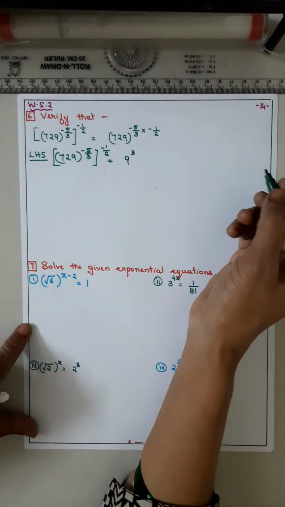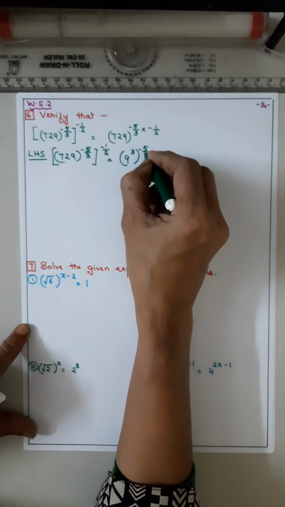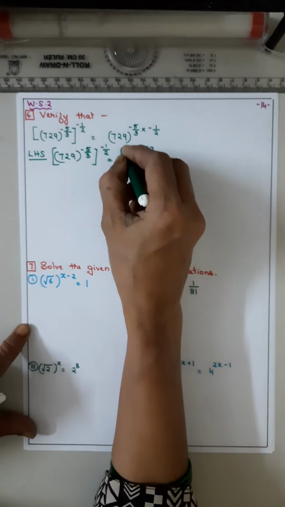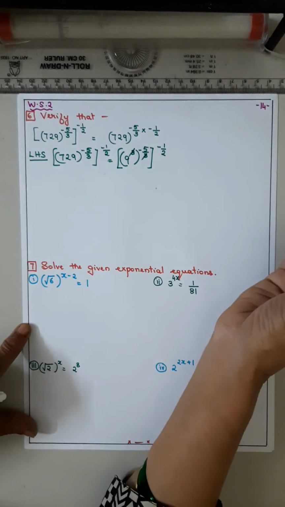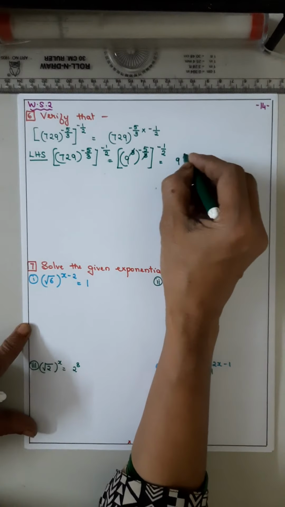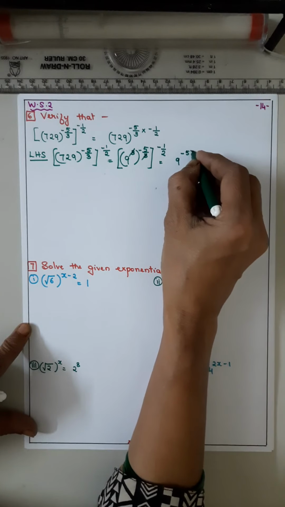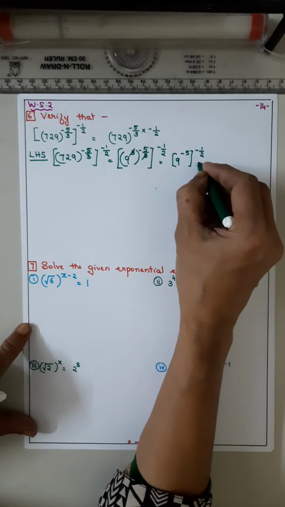729 is 9 cube raised to minus 5 by 3, again raised to minus 1 by 2. Now this 3 and 3 gets cancelled. So you got 9 to the power minus 5 raised to the power minus 1 by 2.